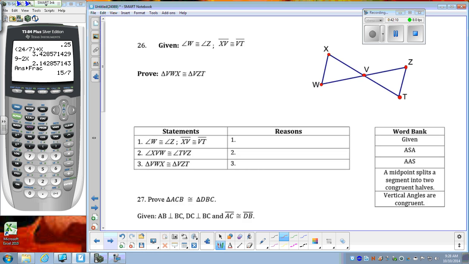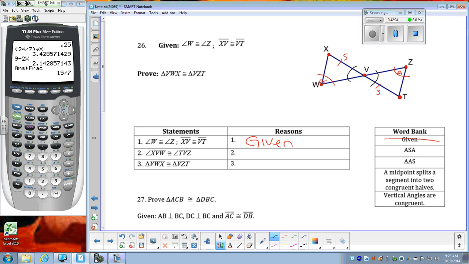2 more. I know that angle W is congruent to angle Z, and I know that XV is congruent to VT. And that is because this is the given information. Next thing says I know that angle XVW is congruent to TVZ.